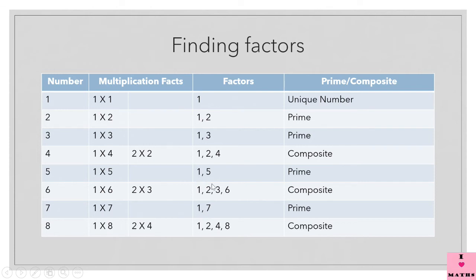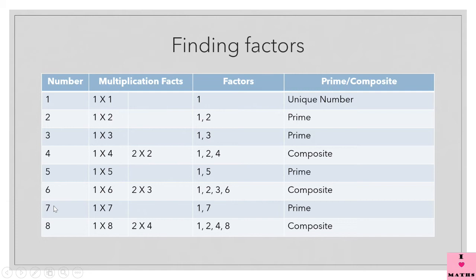See, 1 and the number itself. So, 2, 3, 5, 7 and many more numbers like this are called prime numbers.